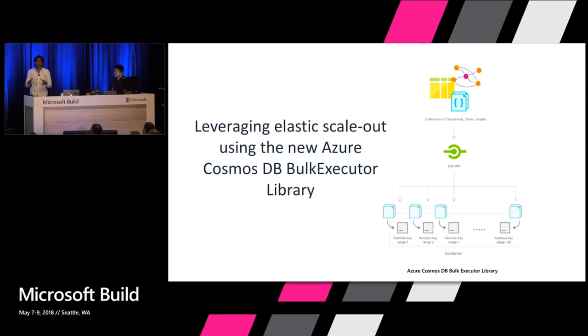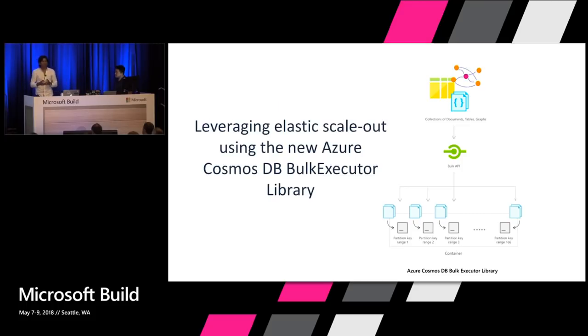So earlier developers would need to write custom logic to handle such rate limiting feedback, as well as request timeouts, or any other interaction with a cloud service, right? Now, all of that is inherently handled under the hood inside the bulk executor library. So it is really, really simple for developers right now to leverage this and perform bulk operations on Cosmos DB.